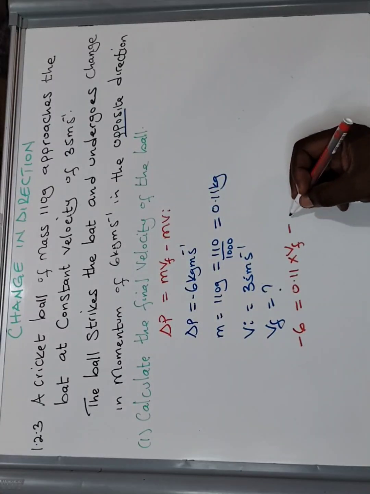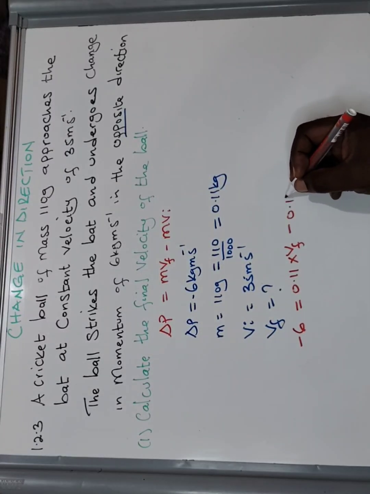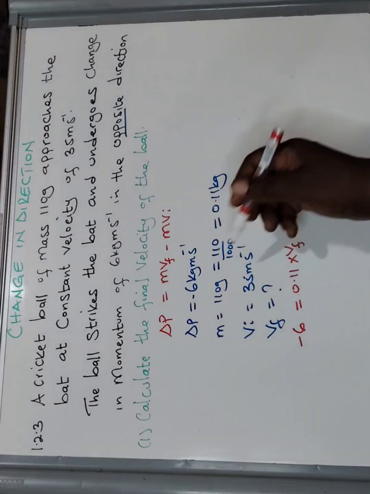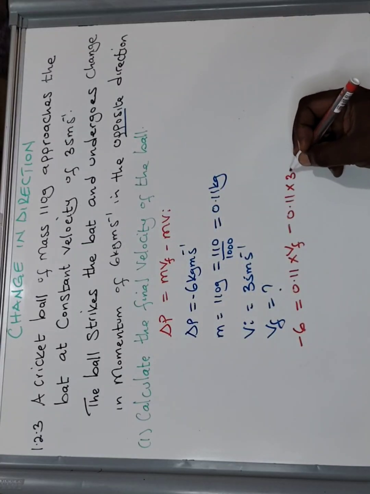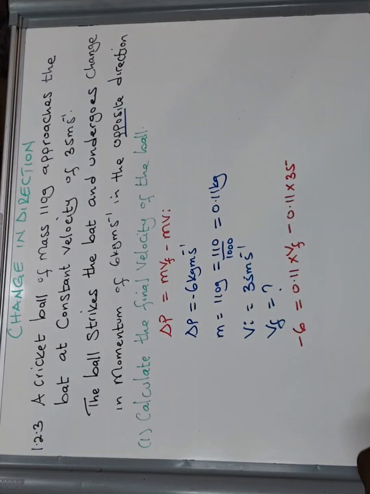Then the mass is the same, and the initial velocity is 35. So when you look at this case, the only unknown is VF. So let us look at these values. So this is what we get after simplifying.